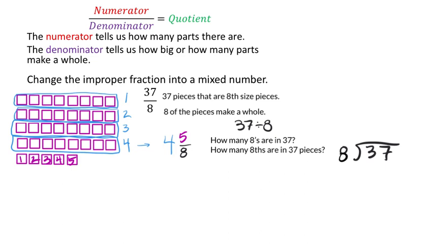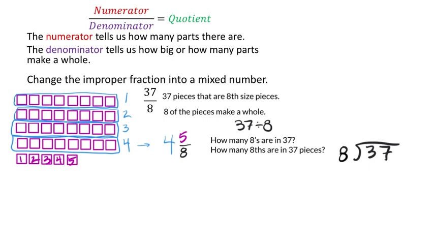So let's show this, just to show that it works. Now, we've shown it with the modeling, and maybe it helps, maybe it doesn't. You can just do straight division, which translates into long division. Do you need to show that always? No, but the long division hopefully will help us to see how many 8ths are in 37.